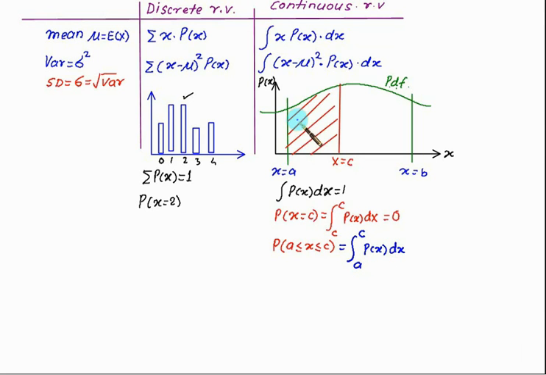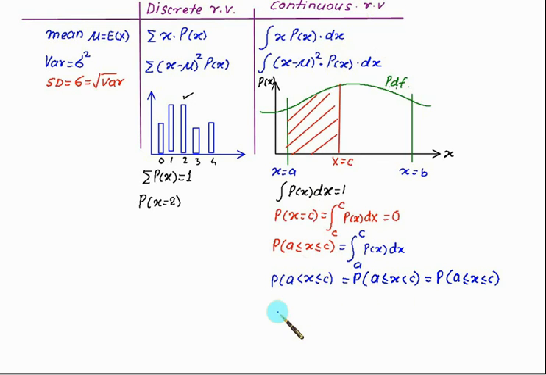It does not matter whether you take the limit as inclusive or exclusive. That is, the probability of a less than x less than or equal to c is the same as the probability of a less than or equal to x less than or equal to c. So including or excluding does not matter.